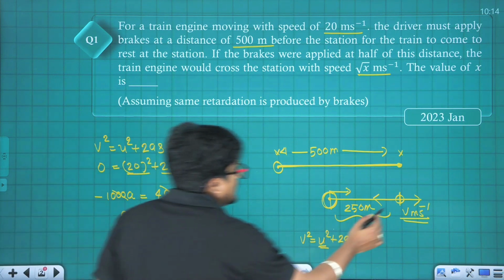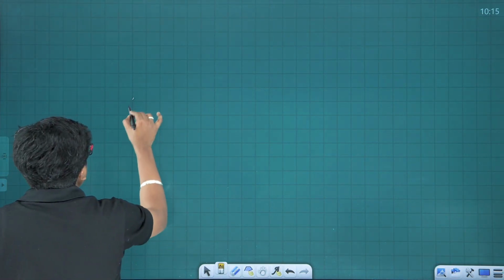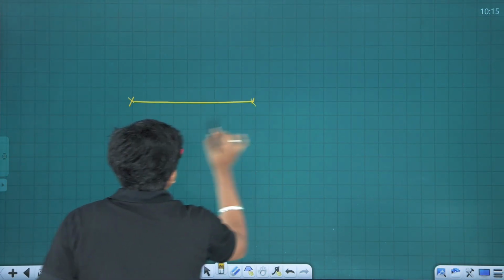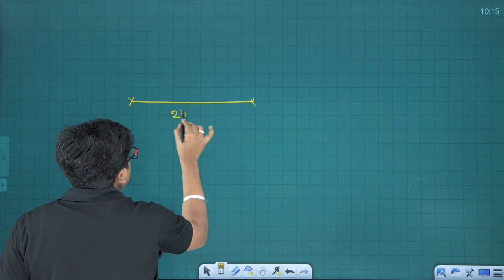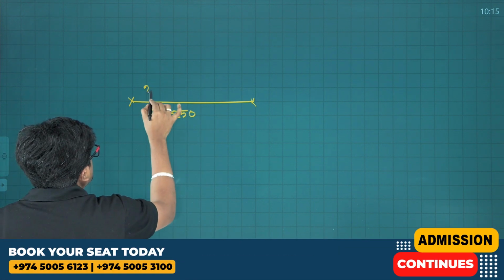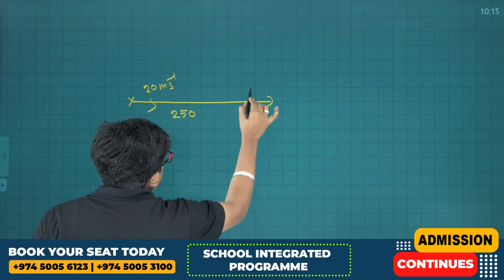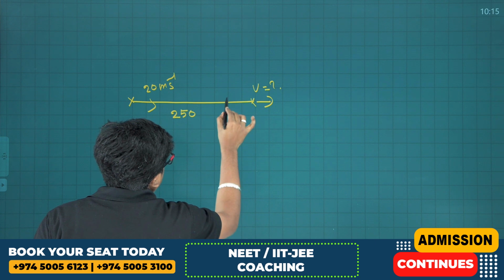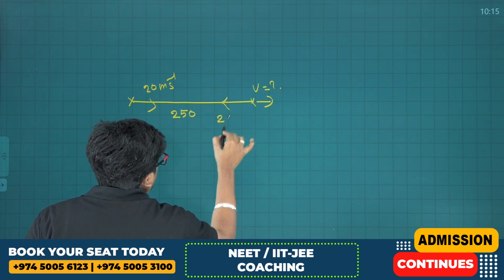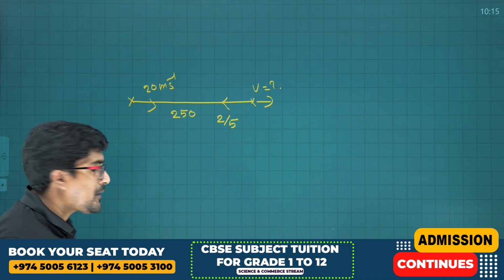Now we need to get the speed value here. For that, what is this distance? Distance is 250 meters. The speed at this particular point is of course 20 meter per second. So what is going to be the final speed here? That is the question. And acceleration is 2 by 5 in the opposite direction; we can say retardation is 2 by 5.